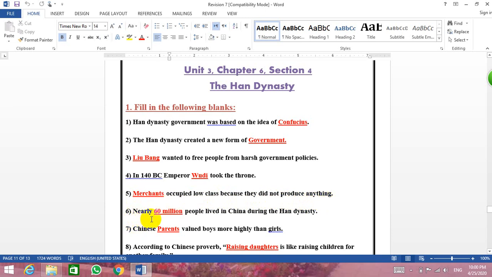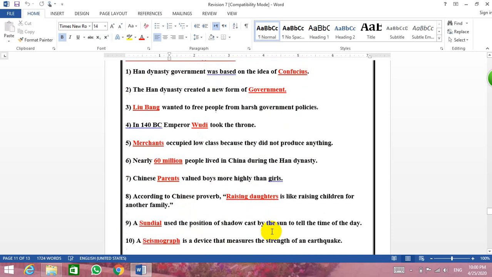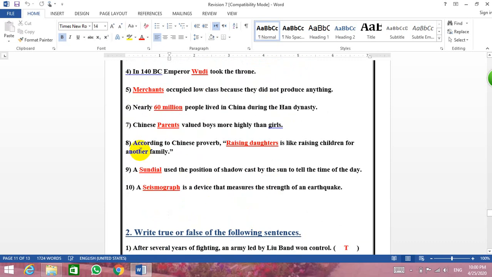Number 6. Nearly 60 million people lived in China during the Han dynasty. Number 7. Chinese parents valued boys more highly than girls. Number 8. According to a Chinese proverb, raising daughters is like raising children for another family.